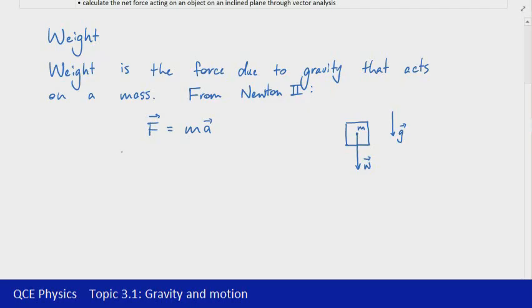Now we can therefore consider that the weight of the object is the force due to gravity, so I'll represent that as F with a subscript g, and so the mass of the box is m, and the acceleration that we're dealing with here is the acceleration due to gravity, so that would be the value for g. Now you'll note that this part of the equation, Fg is equal to mg, you can find in the data booklet. I'm going to use the symbol W for weight, just a little bit quicker and easier, but keep in mind that weight is equal to the force due to gravity.